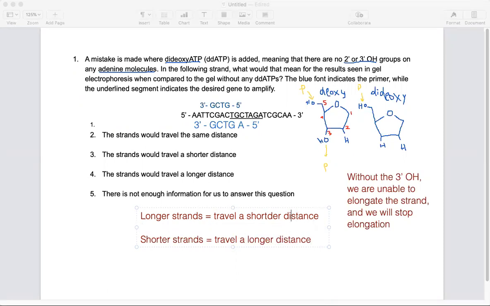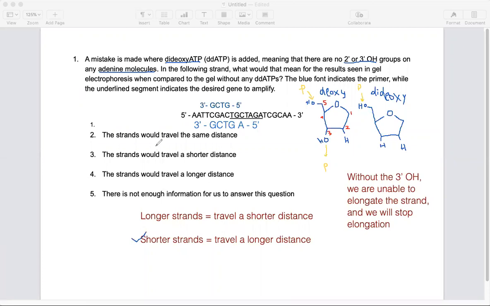All right. So we know those two things, and our current situation puts us into the latter, into the shorter strands category. Our situation puts us right here, shorter strands, right?